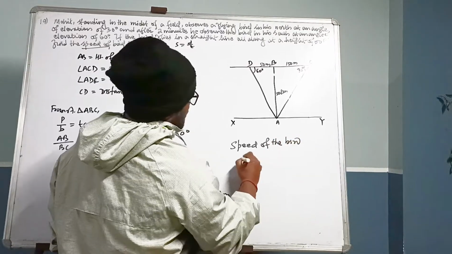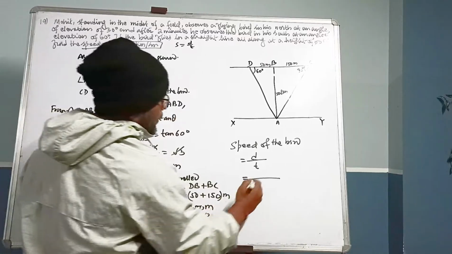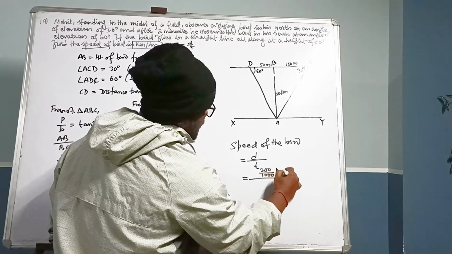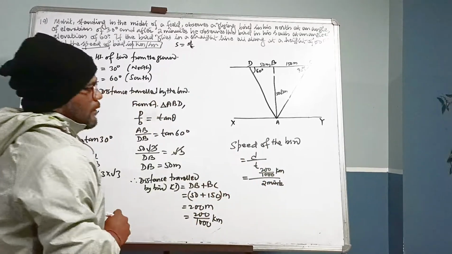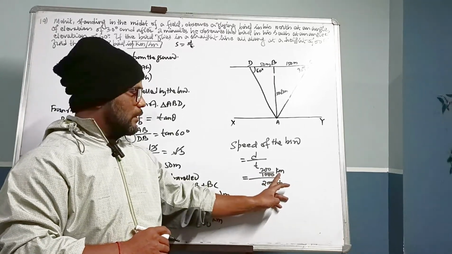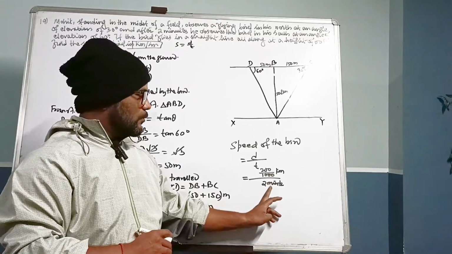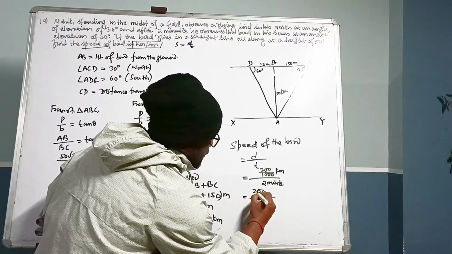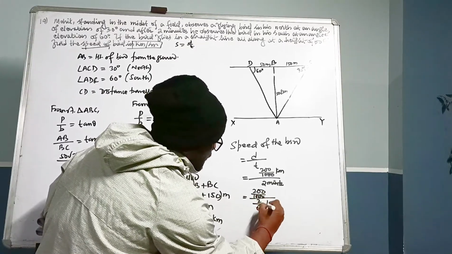So let's find the value of speed of the bird. Speed of the bird formula, distance upon time. Distance is given 200 divided by 1000 kilometer and time 2 minutes. Okay, so in terms of distance we have kilometer, and time we have in 2 minutes. So you have to convert this 2 minutes into hour. Okay, so you have to divide it by 60, it becomes hour.